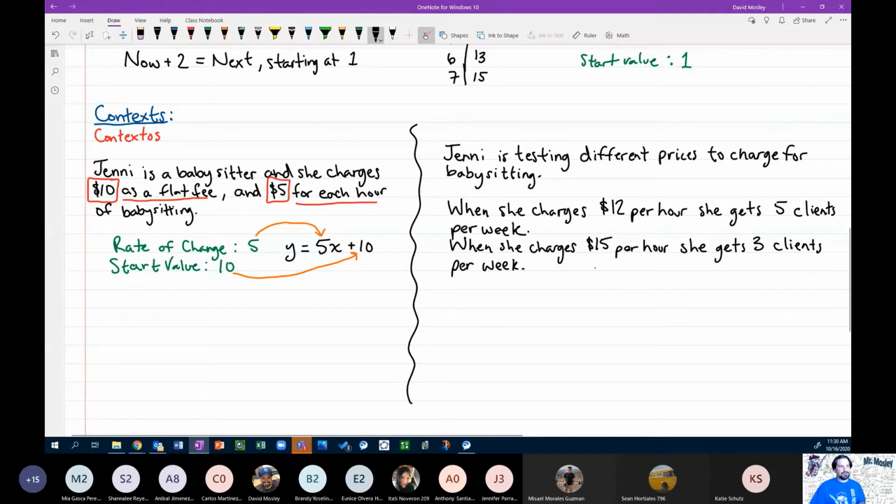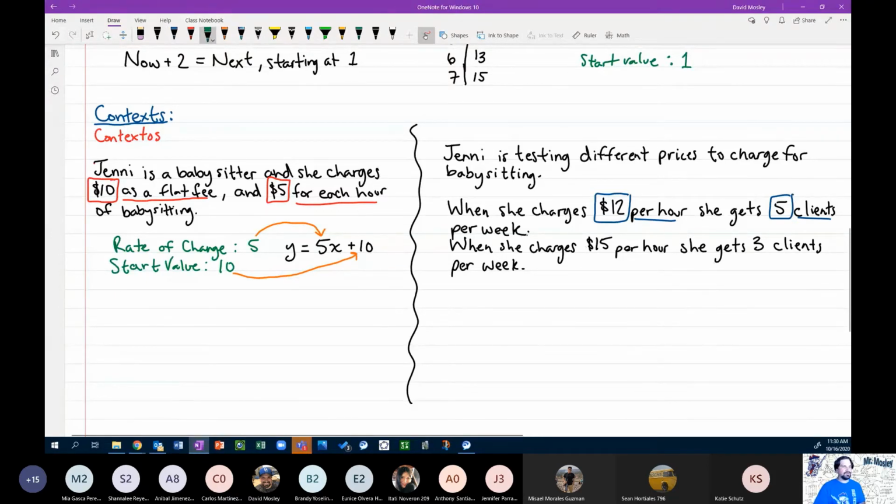We need to figure out the slope and the y-intercept for this line that we don't have yet. Okay, so we have 4 numbers going on in here. We have 12 per hour for 5 clients.